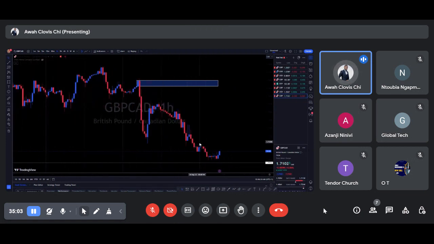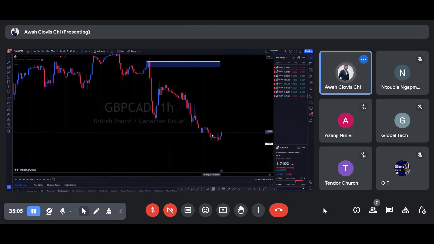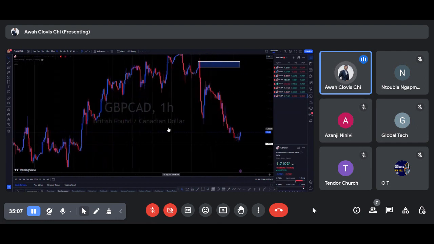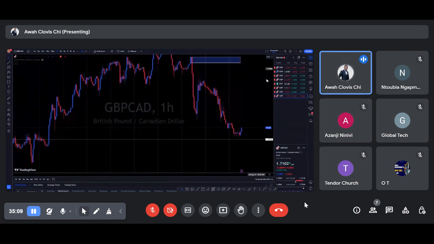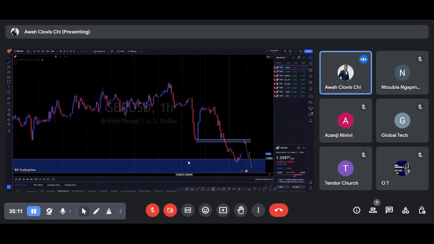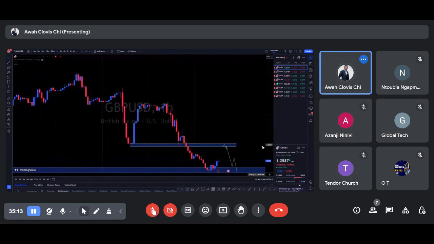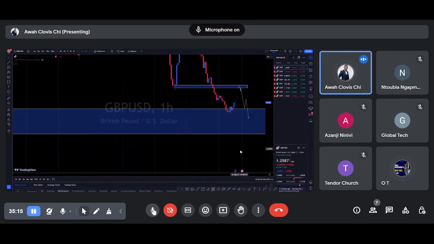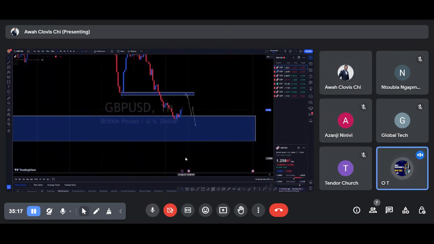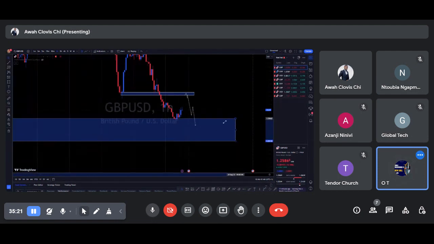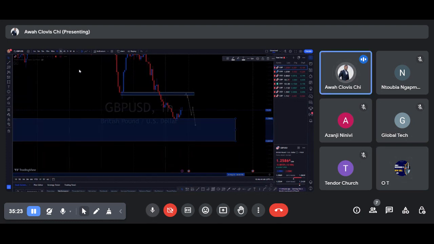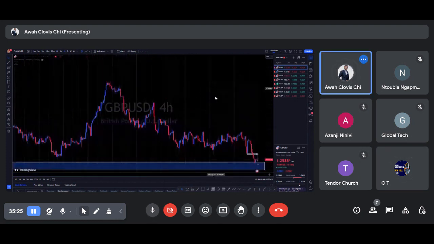Let's see how this market will play around that level. Even GBP/CAD is at a very sensitive area. Let's go back to EUR/GBP. Yep, this is basically what we are expecting here. Maybe just mark that zone and send it in the group. Let me mark it from your time frame.